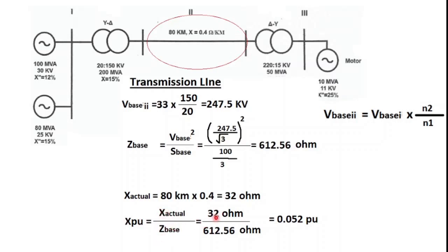So if we plug in the values, the 32 ohm and this Z base, then we will get 0.052 per unit for the per unit reactance. So this is the transmission line per unit value.